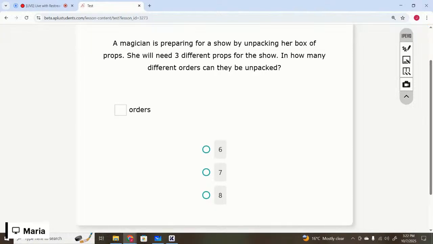A magician is preparing for a show by unpacking her box of props. She will need 3 different props for the show. In how many different orders could they be unpacked?